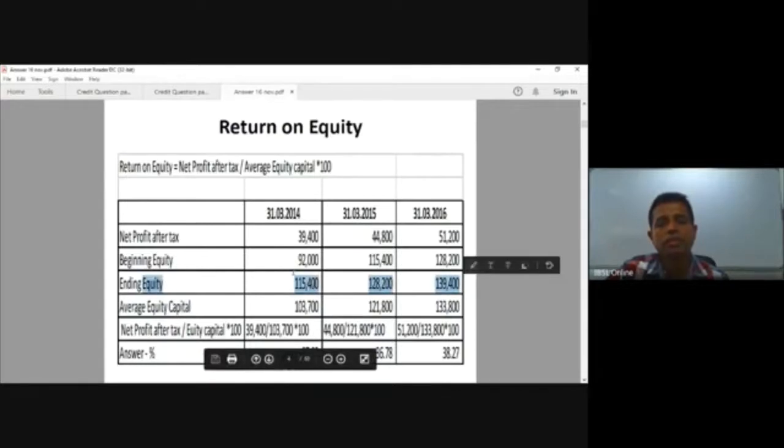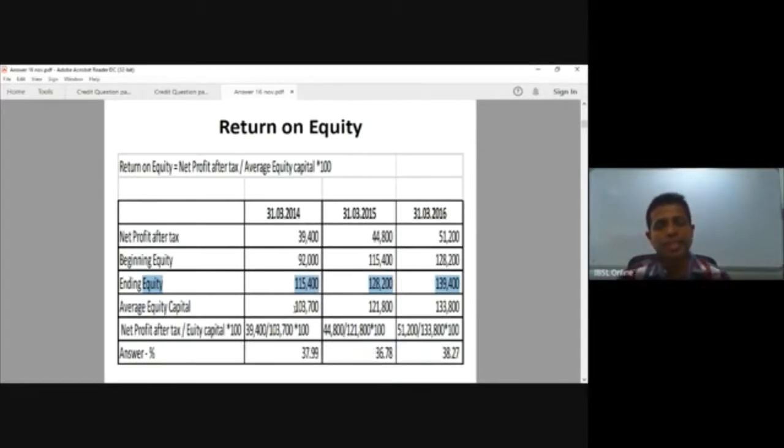If you are not given the 2013 figures, you cannot calculate the 2014 average, so you have to take the year-end figures and make the calculation. If you do have questions, you can disturb me and ask.